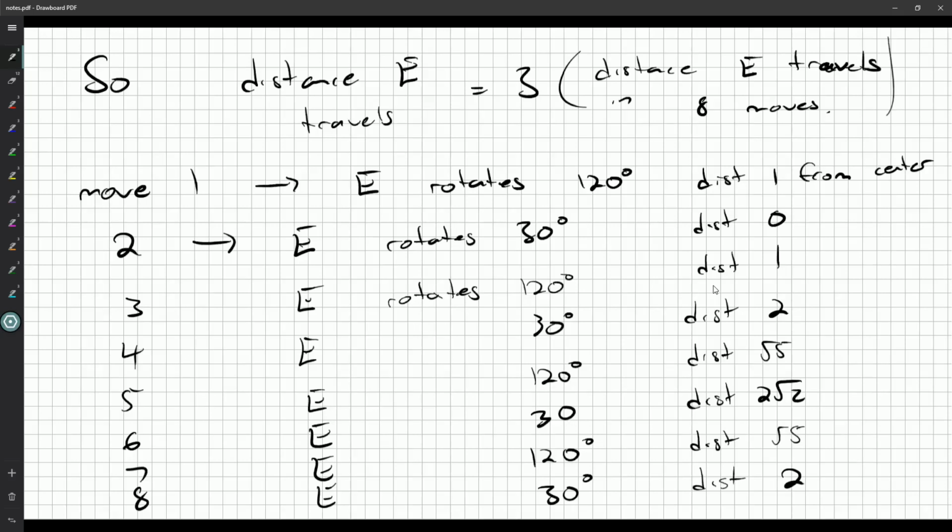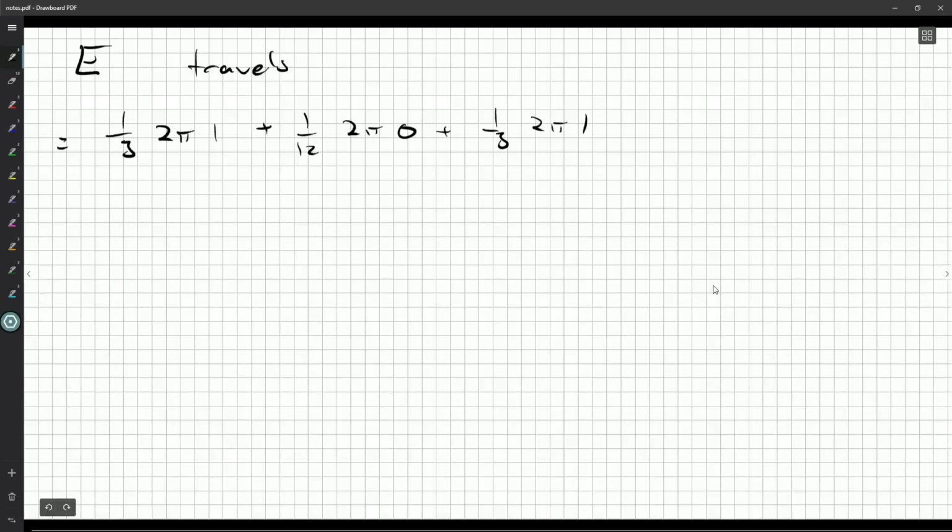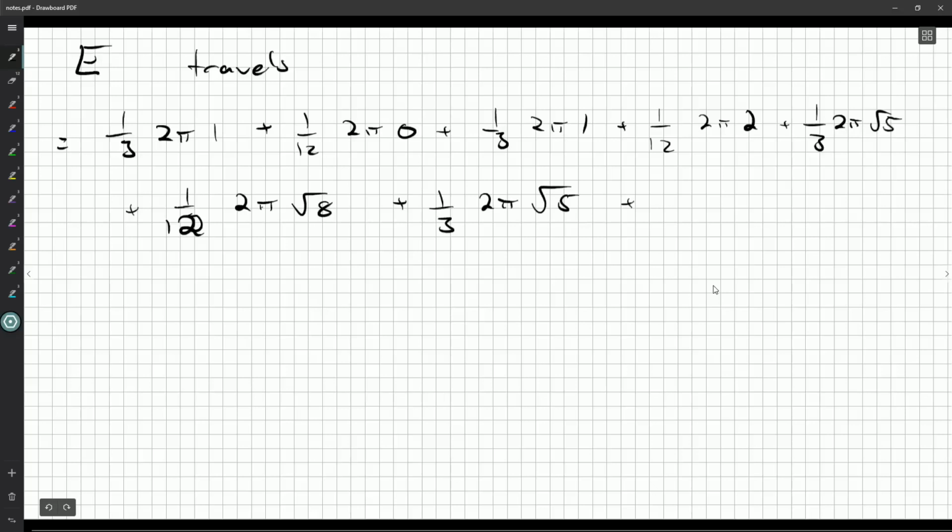Okay. So E travels, let's see, 1/3 a circumference of a circle of radius 1 plus 1/12 a circle of radius 0 plus 1/3 a circle of radius 1 plus 1/12 a circle of radius 2 plus 1/3 a circle of radius root 5, 1/12 a circle of radius root 8, plus 1/3 a circle of radius root 5, 1/12 a circle of radius 2.